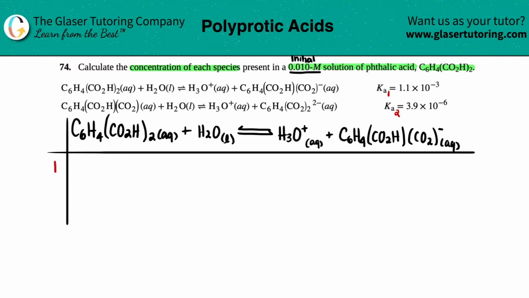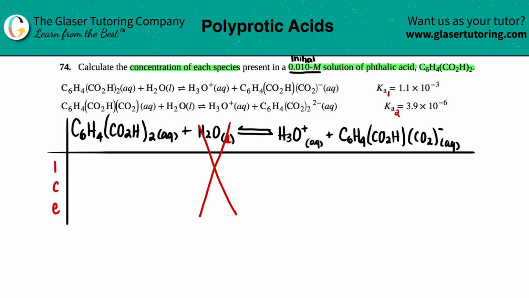ICE, that's just my preference. And remember, liquids are not allowed in the Ka expression. So we used water to get the hydronium ion, but we don't care about it in terms of the actual math, so just get rid of this column. It just makes life much easier.